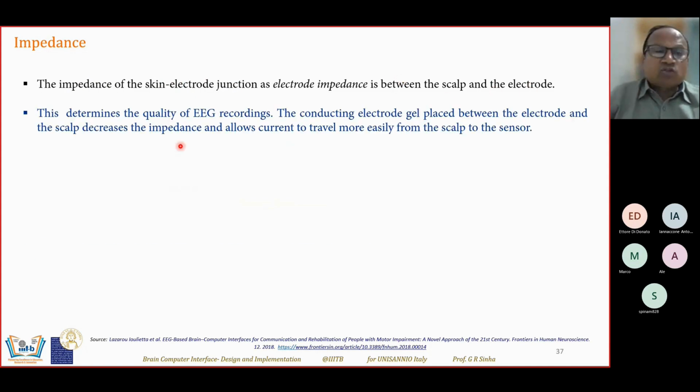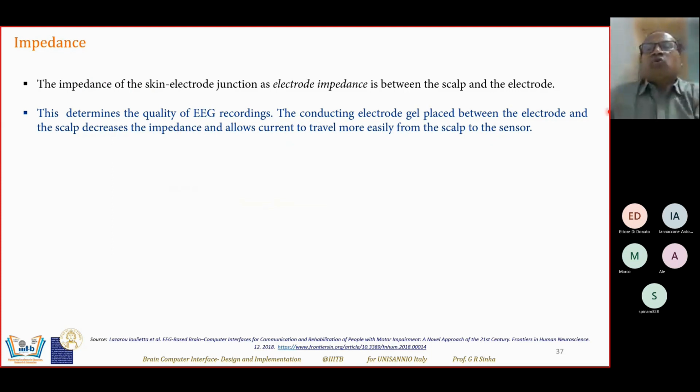So when you put the gel, it determines the quality of the EEG recording. The more the impedance, the poorer the quality, because the actual strength of the neuronal activity will not reach if the impedance is more. So conducting electrode gel placed between the electrode and scalp decreases the impedance.